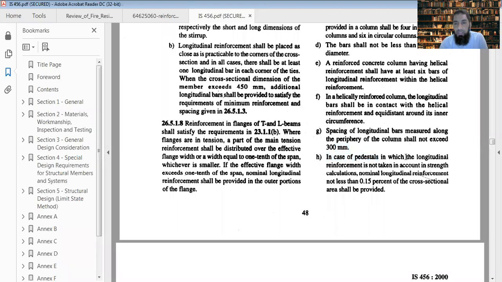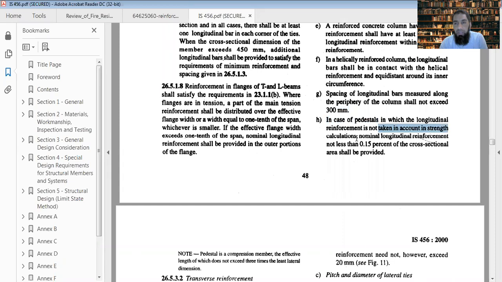In case of pedestals in which the longitudinal reinforcement is not taken into account in strength, nominal longitudinal reinforcement of not less than 0.15% shall be provided.